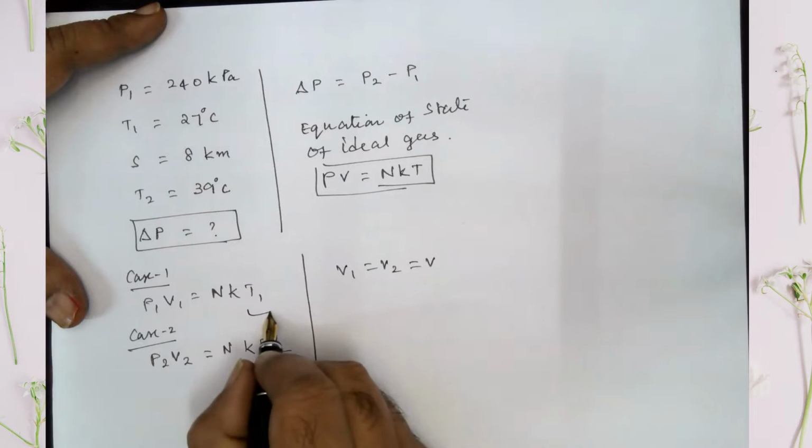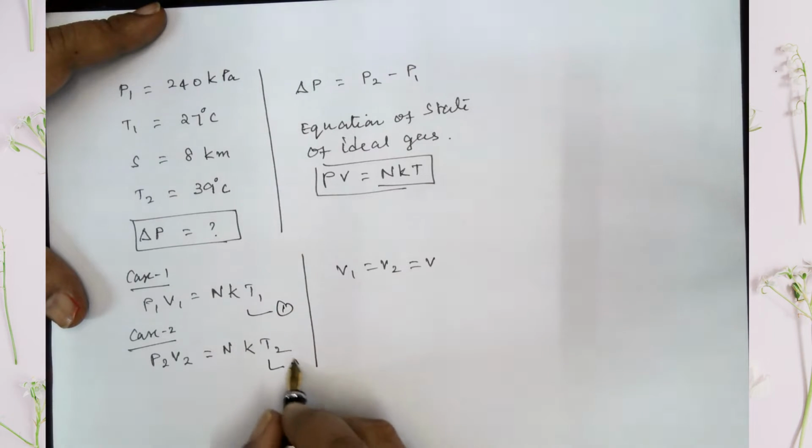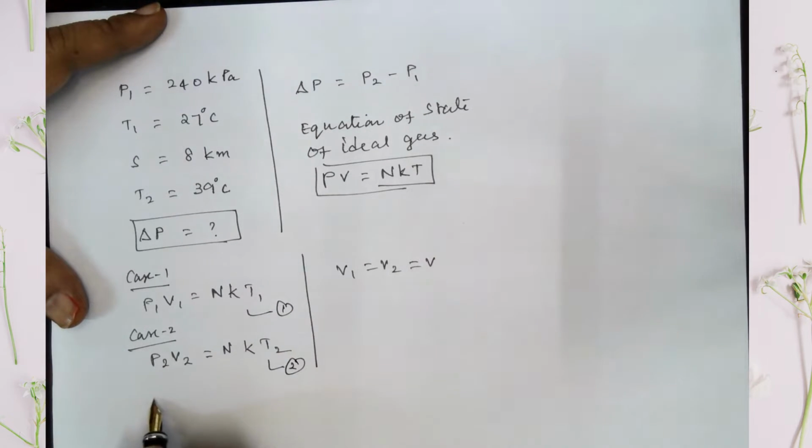Now let us consider this as equation 1 and this is equation 2. Let us divide equation 2 by 1. So P2 V divided by P1 V is equal to NK T2 by NK T1.